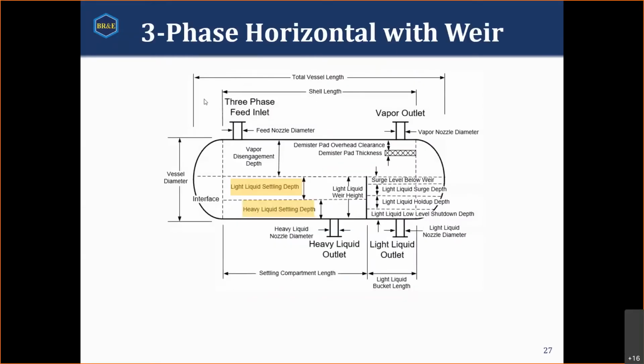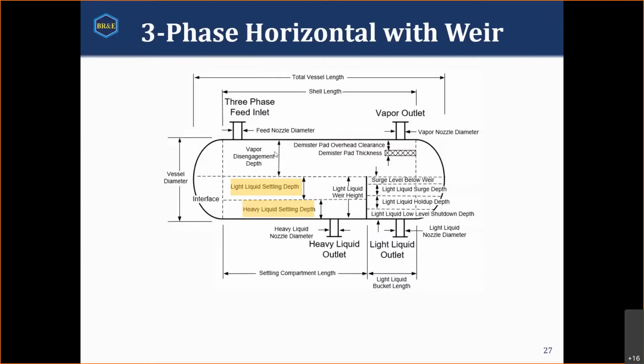So if we take a look at our three-phase horizontal separator with a Weir, we have the settling compartment in the first portion, and then if we look at the other side of the Weir here, we have the holding compartment of our separator. So that's where we have our light liquid surge depth and our light liquid holdup depth, as well as the light liquid low-level shutdown depth.